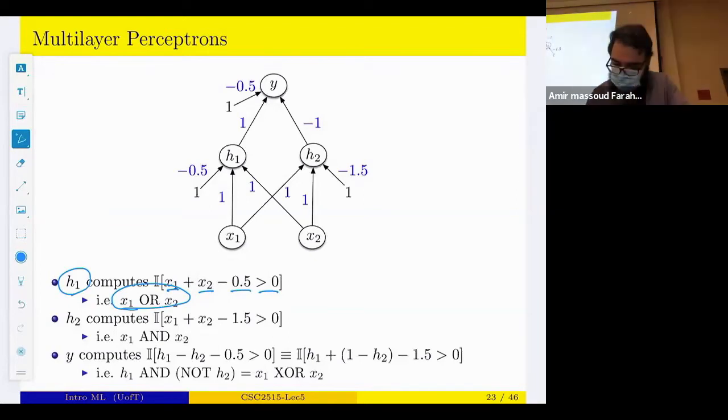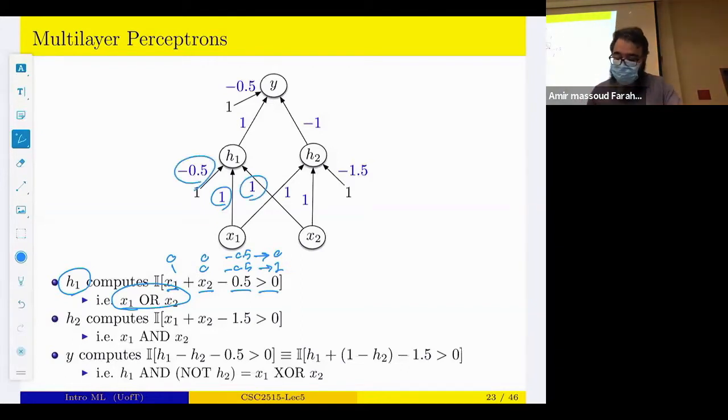For example, for 0, 0 minus half, it would be negative, so the output would be 0. For 1, 0 minus half, it would be positive, so the output would be 1. And for the other cases similarly. So for H1, we just need to put 1 here, and half here.